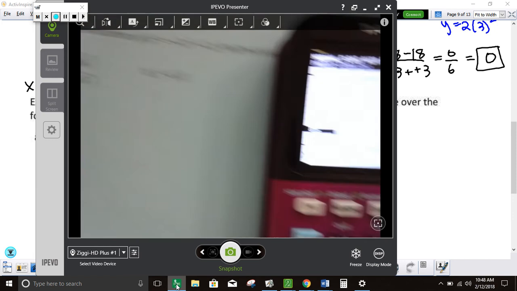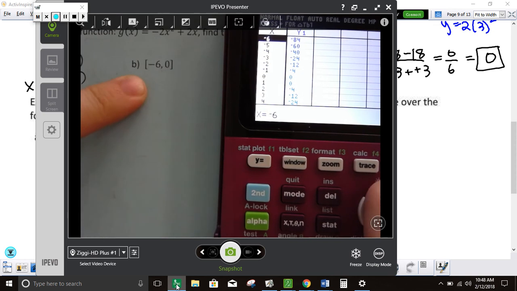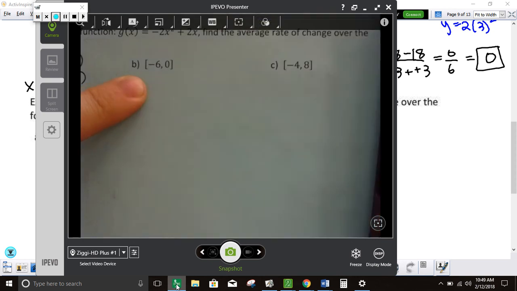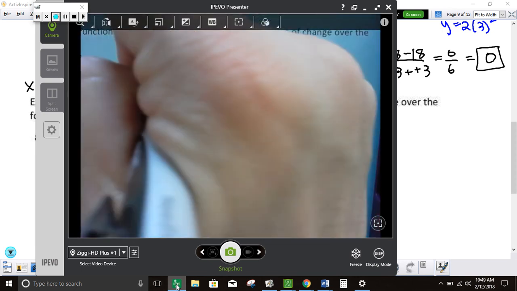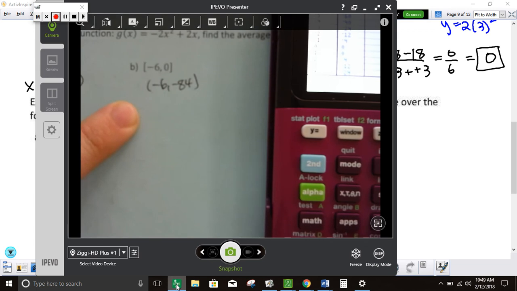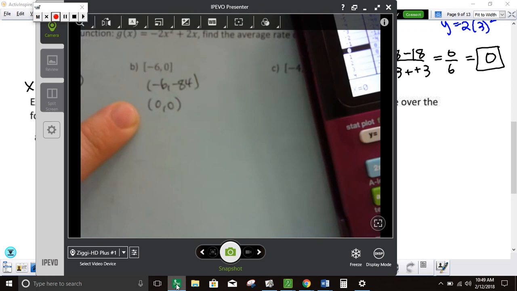So let's see if we can get our other points. When x is at -6, so scroll up. Where's y? Good, (-6, -84) is your next point. (0, 0) is your next point.